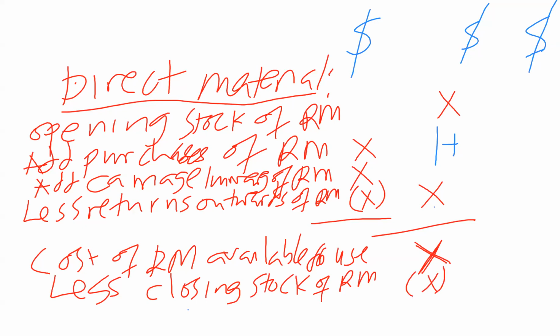Once you less the closing stock of raw materials, you have one figure, right? Let's write it somewhere here down. This figure is what you're going to call the value of the direct materials. This one will be your value of direct materials. Is that clear?